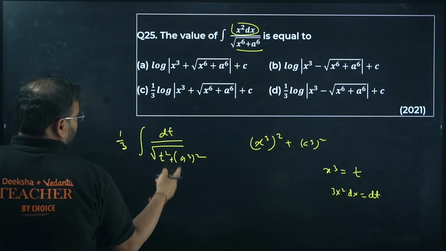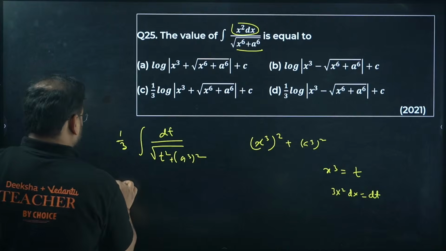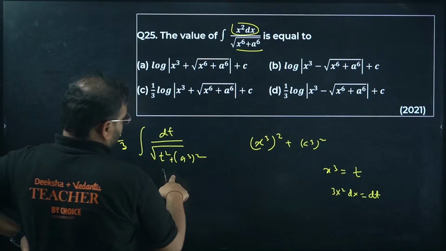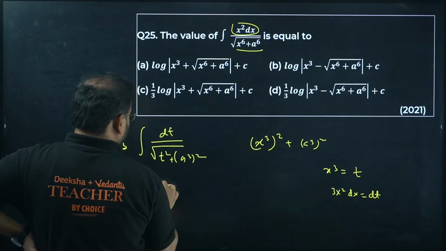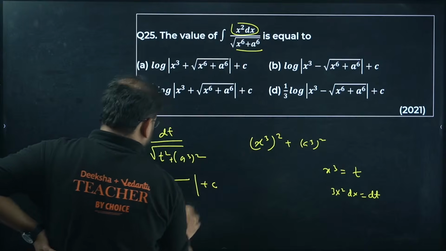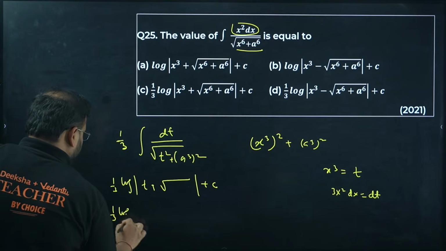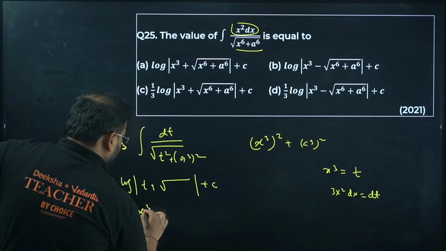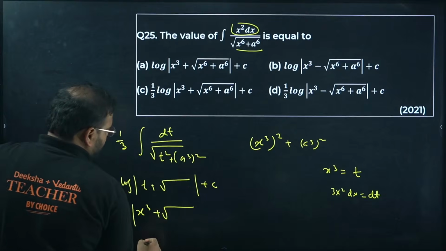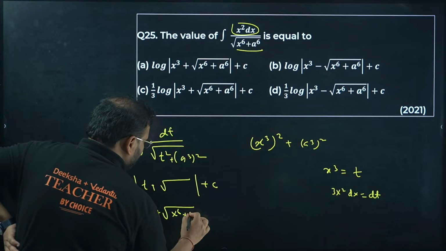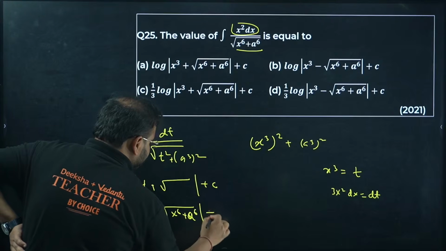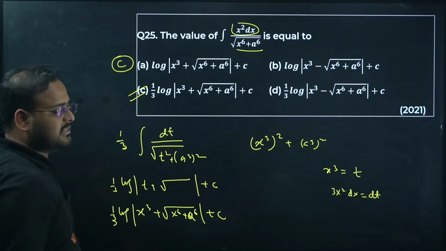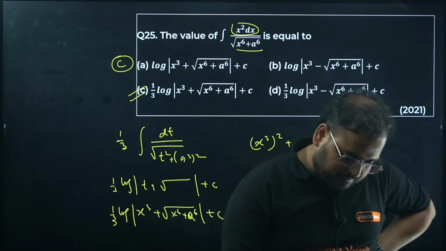Okay, so my answer becomes what? This is a condition for, again, log. So 1 by 3 is there, and log of t plus the same root repeats, plus c. So 1 by 3 log of t value is what? X cube plus root of x power 6 plus a power 6, plus c. Option is C. Straightforward formula based question.